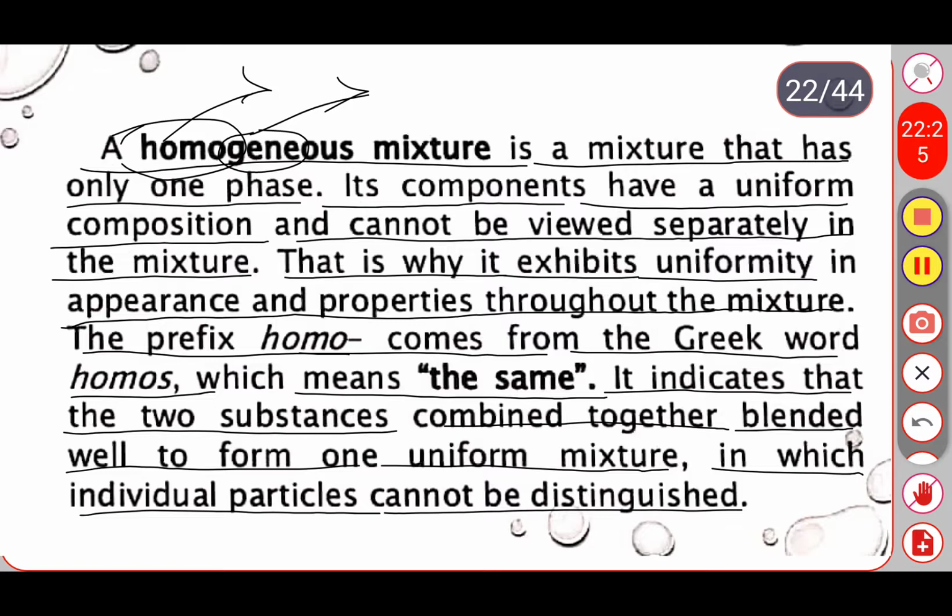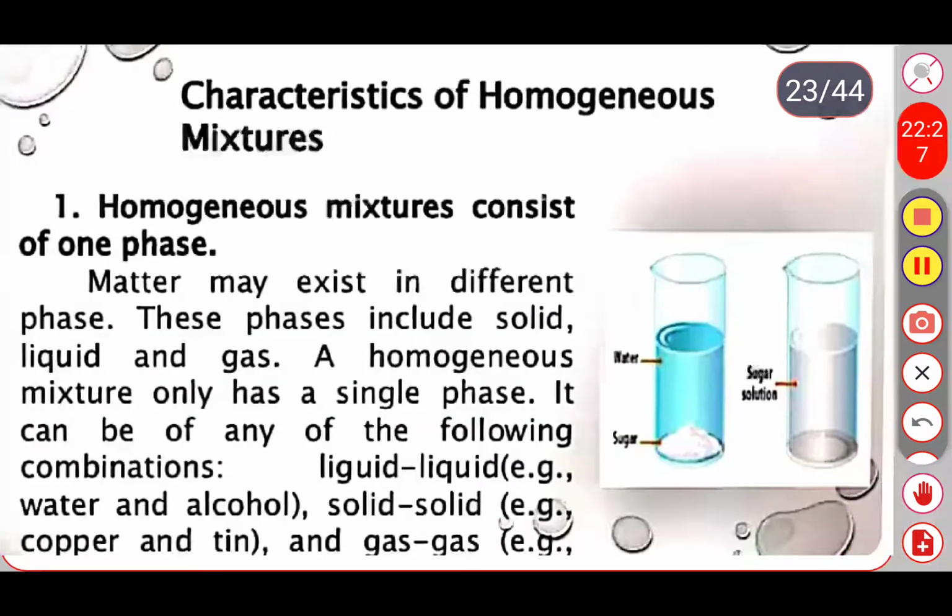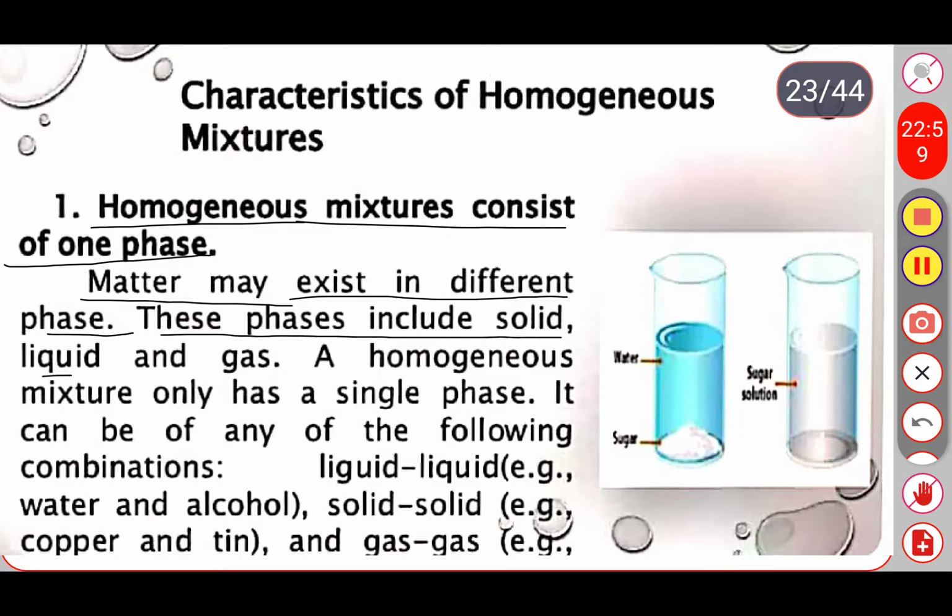Let's see the characteristics or properties of homogeneous mixtures. First one, a homogeneous mixture consists of one phase. We already know every homogeneous mixture is made up of the same kind of substances. It means homogeneous mixtures consist of one phase. Matter may exist in different phases: solids, liquids and gases. A homogeneous mixture only has a single phase.